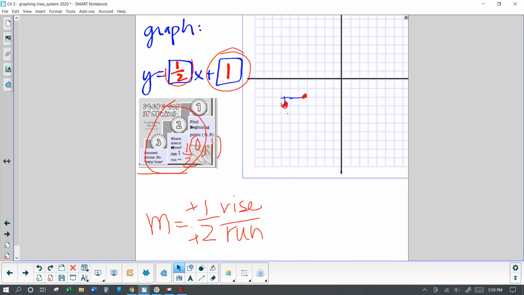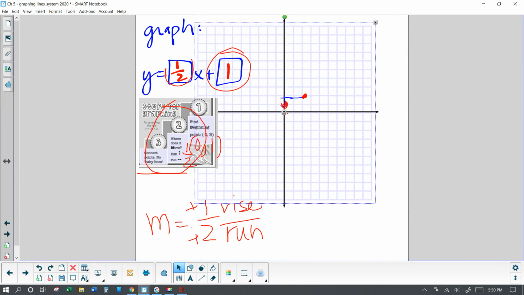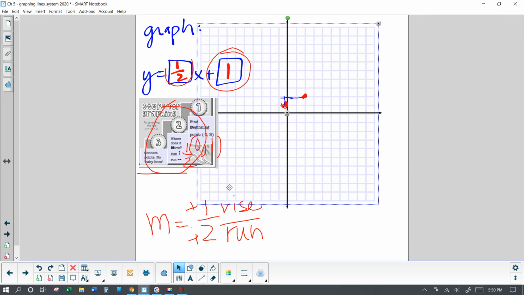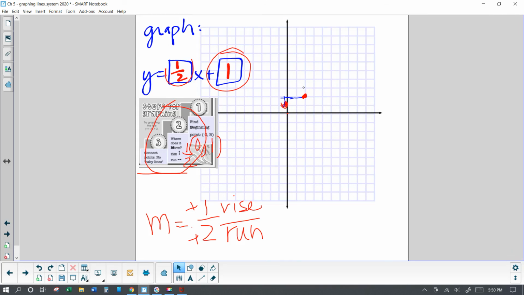Oh, and I should have locked that in place. Let me put my graph back where it belongs there. There we go, and then let's lock that in place so that it can't move on us. Then I can take my line and draw my line in. Oh, I've still got this big fat line. Let's go back to a regular line here, and we'll delete this other line.